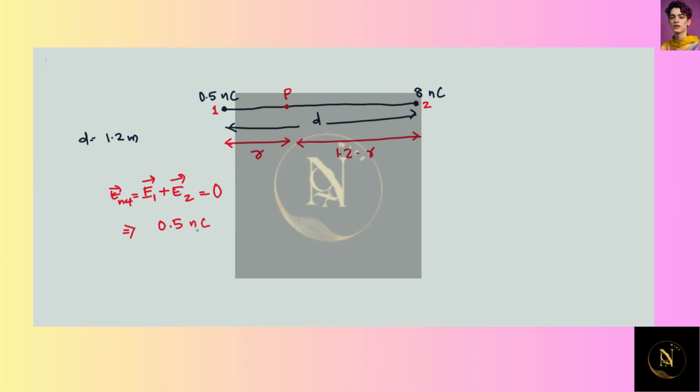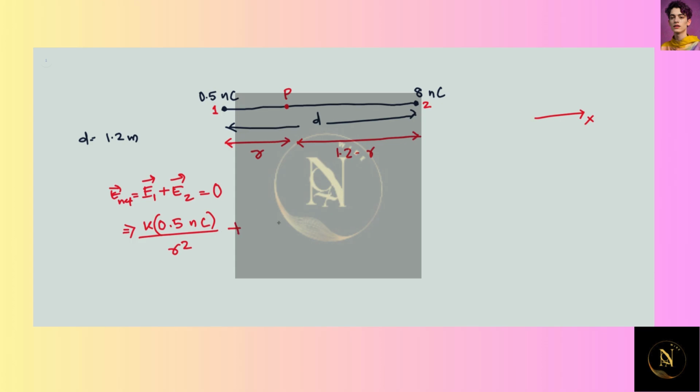0.5 nanocoulomb, that is the charge, times k over r square, and the direction of this field over here will be towards right. So assuming our positive x-axis to be towards right, therefore this will be in the positive direction.